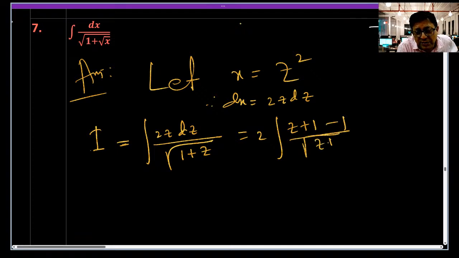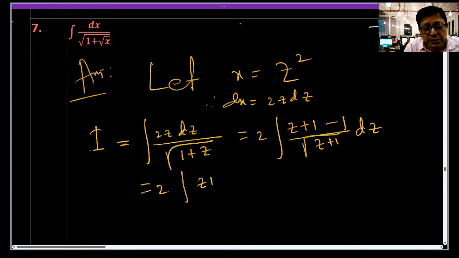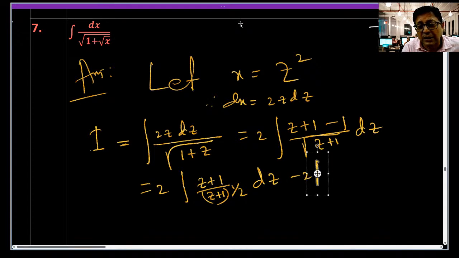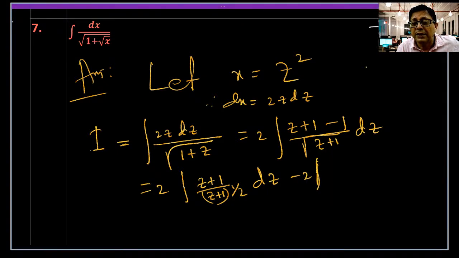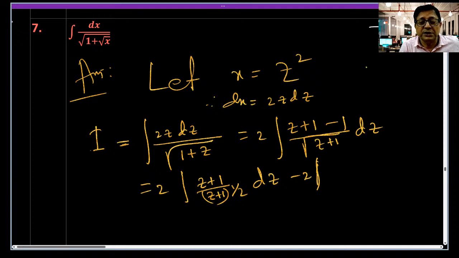Yesterday's sum only now. After substitution, it is ordinary integration of the forms we have done yesterday. So write 2 into z plus 1 to the power half. This will be what? How can you write this? I have written this, then minus 1 by root z plus 1, which is z plus 1.